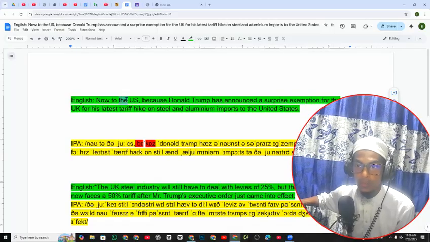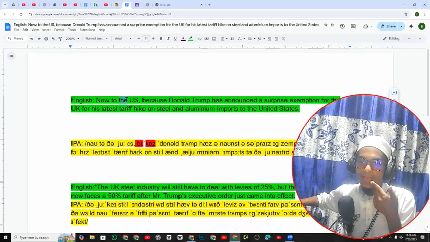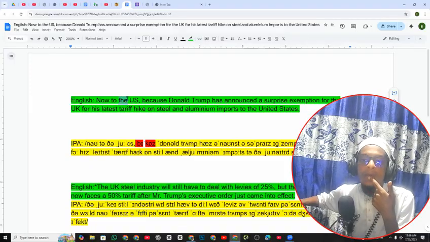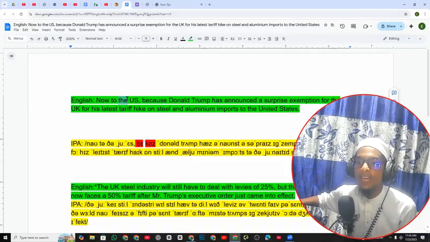"The" has two sounds. When we get it before any consonant, it is pronounced as "thuh". You need to touch your tongue in front of the upper teeth.